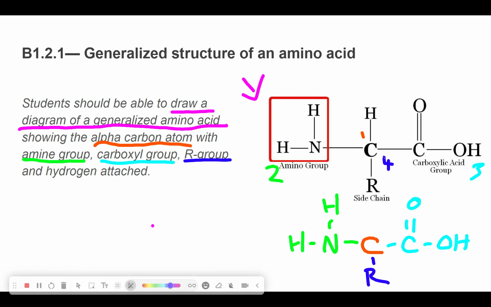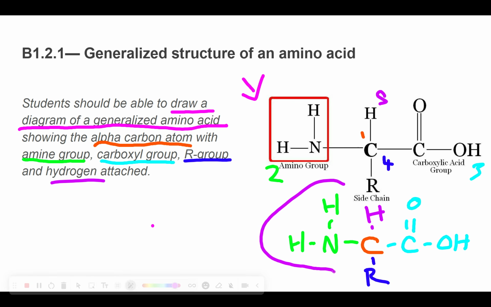And the last thing up at the top is the lone hydrogen. So this is what you should be able to draw. If you're asked to draw a generalized amino acid, you never have to be specific about what the R group is, but note that it's there.